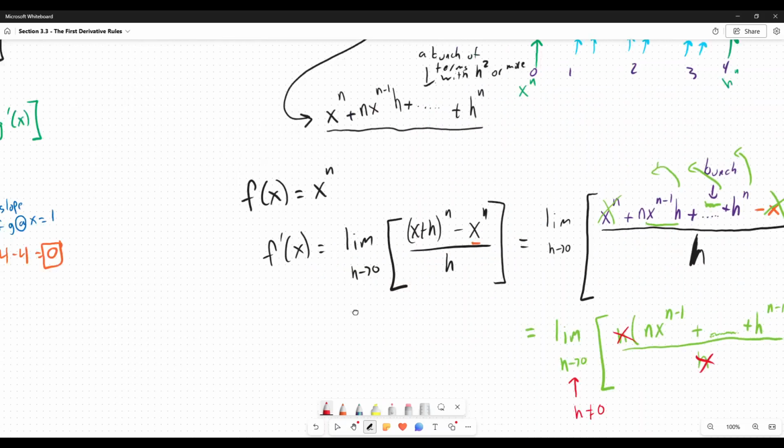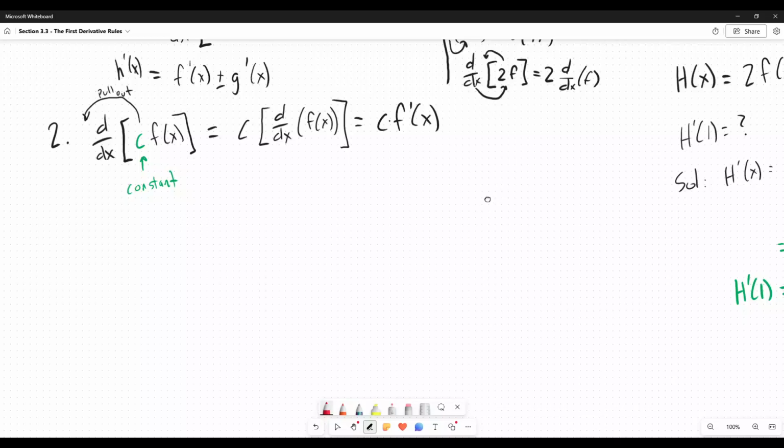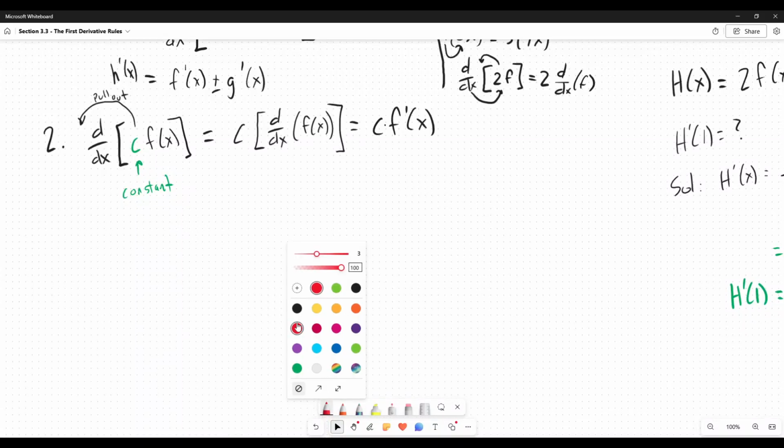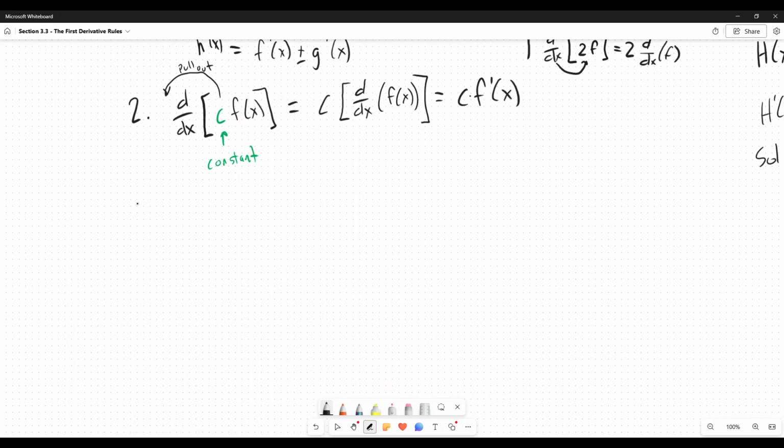Or, and this is really, really important, I'm going to write this down as the rule. This is the power rule. Sorry for going away so fast, but I really want to write this rule down. If I had to be honest, this is 90% of this class, is knowing this rule.